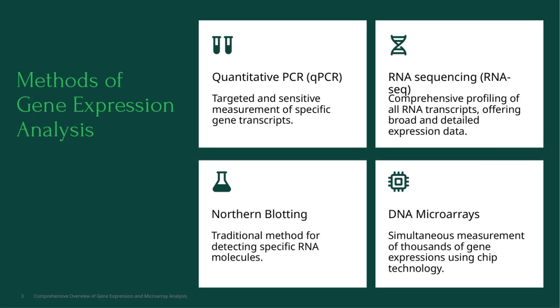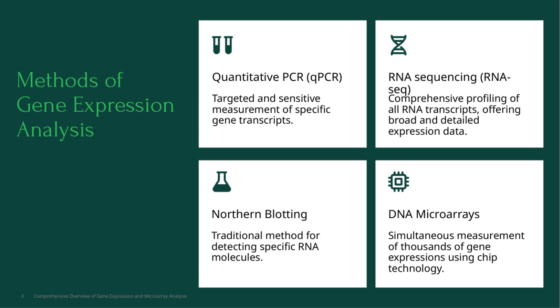When analyzing gene expression, there are several key methods we can use. First, quantitative PCR or qPCR is a targeted and highly sensitive technique that allows us to measure specific gene transcripts with great precision. Next, RNA sequencing or RNA-seq provides a comprehensive profile of all RNA transcripts in a sample, giving us broad and detailed information about gene expression patterns.